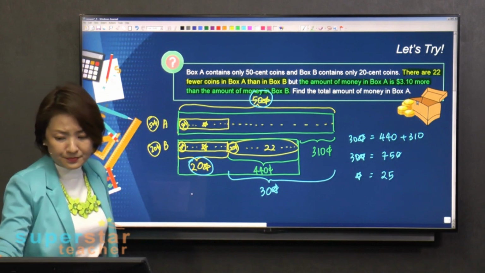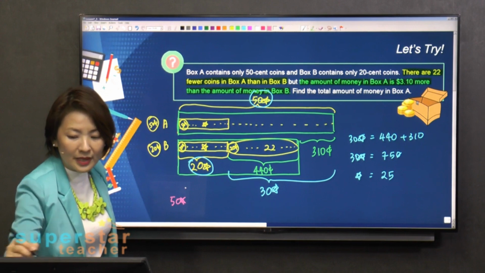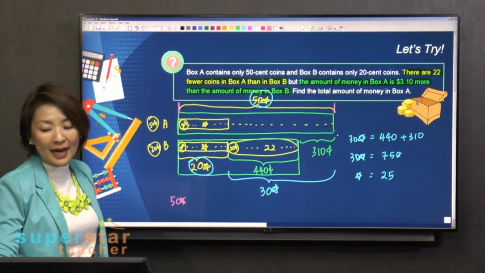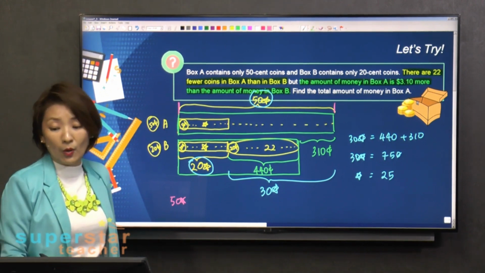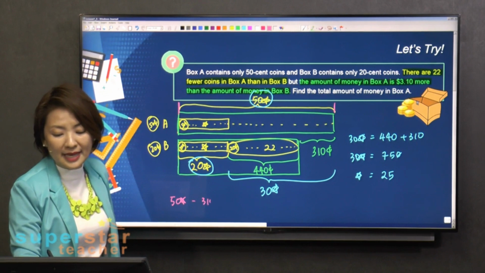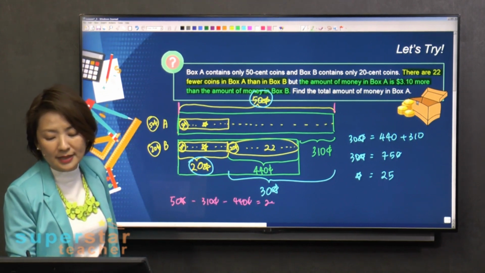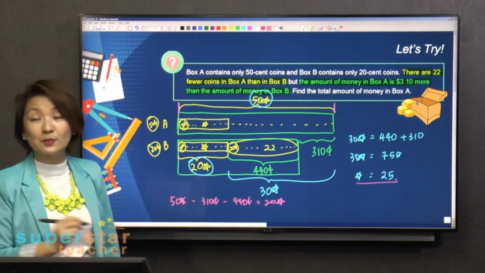You will have 50 stars, which is this, from here to here, and then you minus this and minus this to give you 20 star. Again, it's part, part, whole, so it minus 310 cents, minus 440 cents to give you 20 star. Okay, then after that you do your working, you will come up to this.